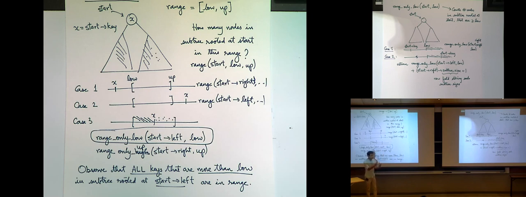I mean, the total number of nodes in a subtree, the only way to figure that out would be to traverse the entire subtree. Yes, or actually it would depend on the number of nodes, which is even worse. So that would default to a linear time solution. That would almost default to just walking through the entire tree.